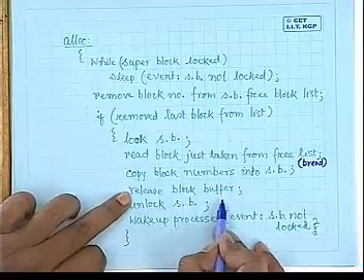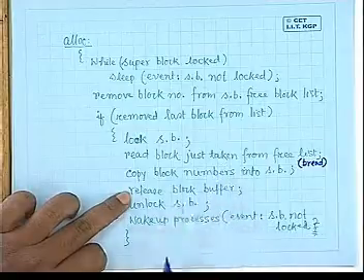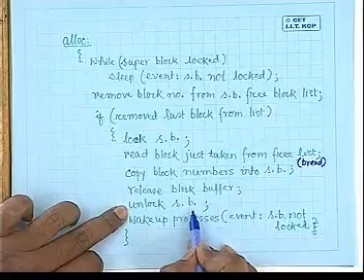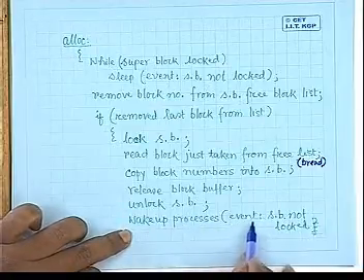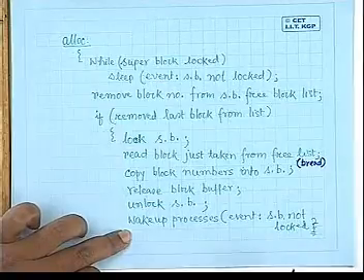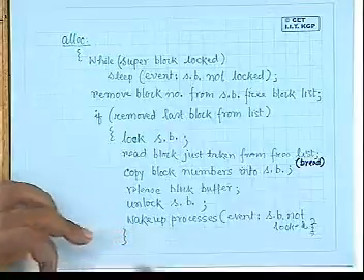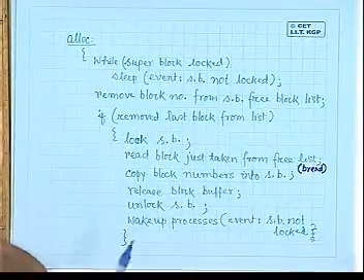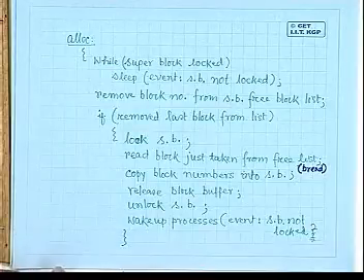So that buffer has to be released. Then the super block has to be unlocked, and after that you wake up the processes which were sleeping on the event that the super block is not locked. So this is the entire sequence of operations that has to be done for allocating a free disk block to any process that is requesting it.